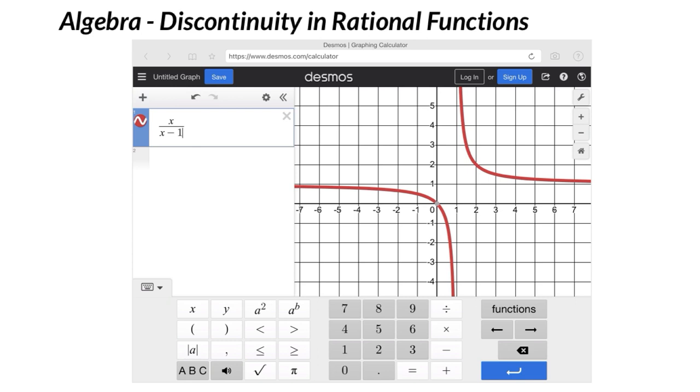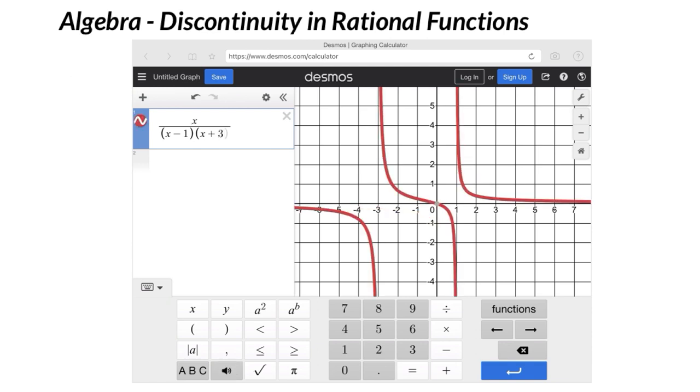Now, let's say that I added another thing on the denominator that would make that 0. So now you can see I have x minus 1 and x plus 3 both in the denominator.